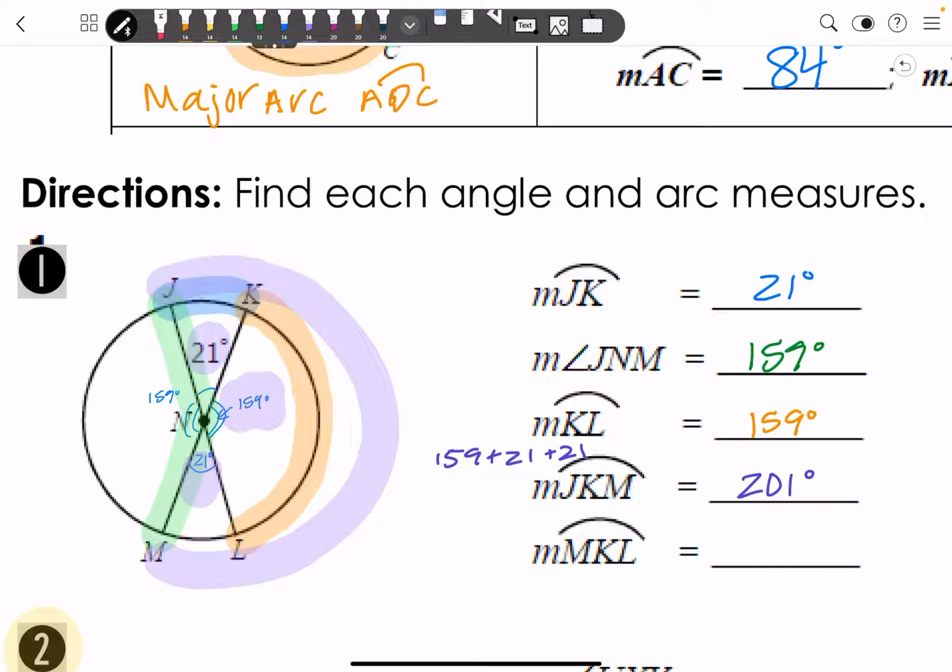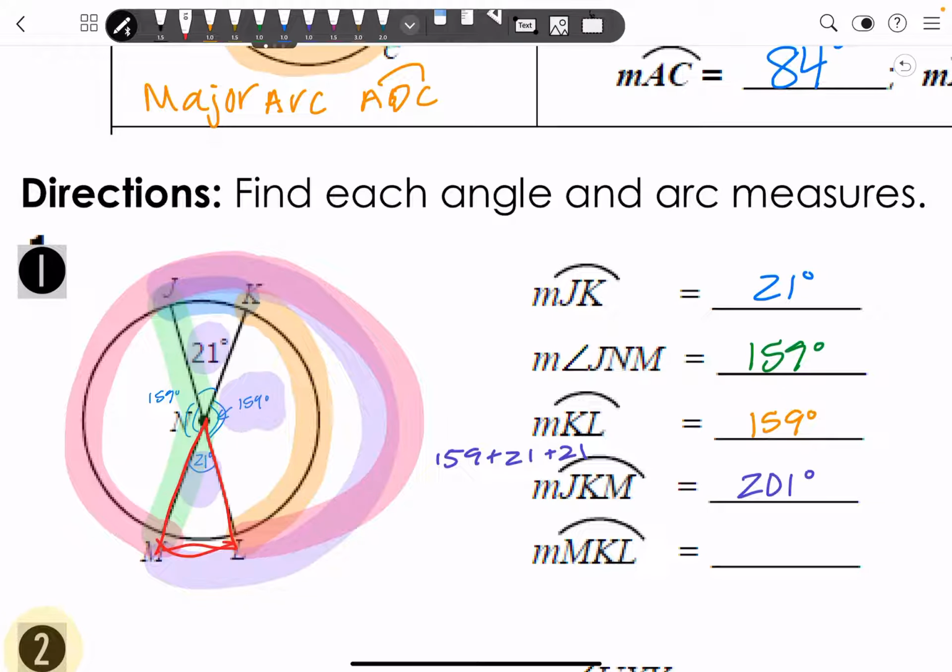All right, and then finally, we've got the measure of arc, and that's a major arc because it's got 3 capital letters, M, K, L. So it's asking for everything except for this little bitty corner.